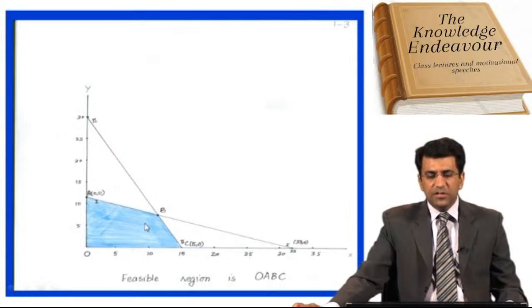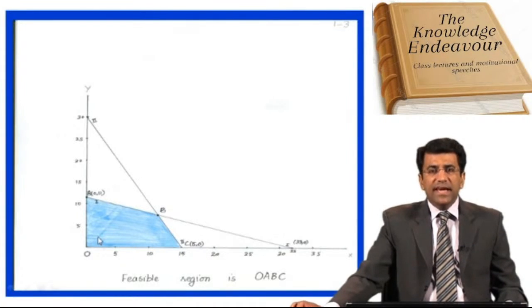Again, what are the corner points in this particular case? O, that is (0, 0), the point A, that is (0, 11), the point B, that is the point of intersection of line 1 and line 2, and we don't know the coordinates of B yet. And the next point is C, where the coordinates are (15, 0).